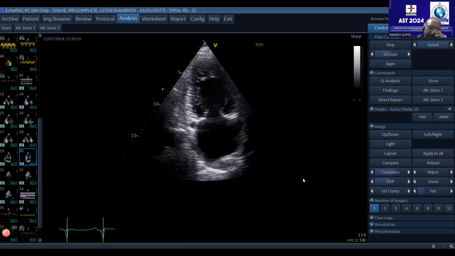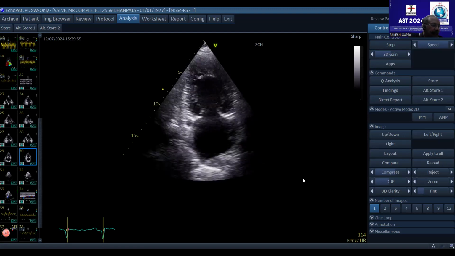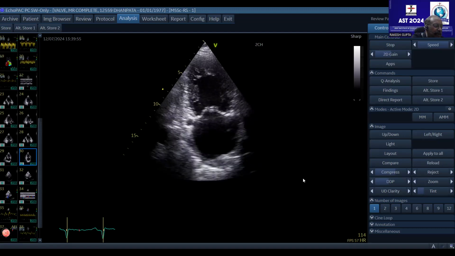Actually, the screen got shortened. Which screen got shorted? Your screen, by mistake, I don't know what I clicked. Okay, you don't have to see my screen, you have to tell your parameters in your voice only.